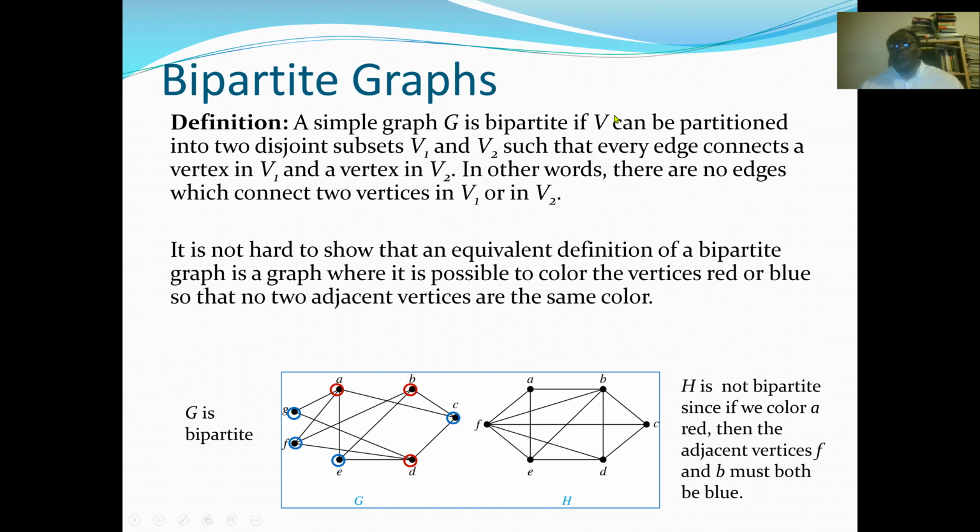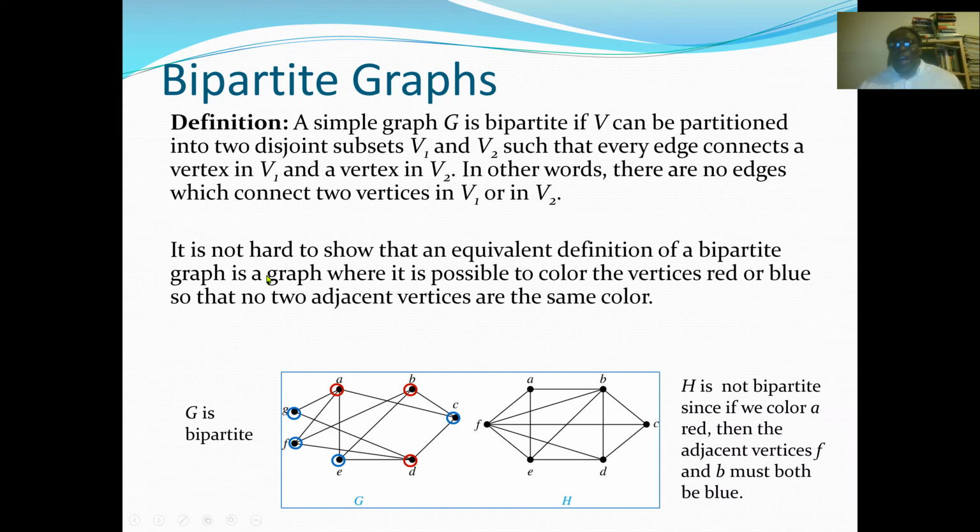You break the graph down into two parts, V1 and V2, such that every edge connects a vertex in V1 and a vertex in V2. In other words, there are no edges which connect two vertices in V1 or two vertices in V2.